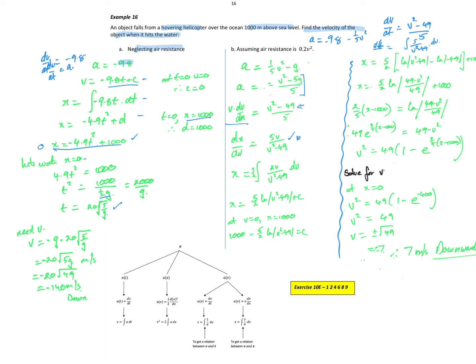Take the square root: 2,000 is 400 times 5, so 20 root 5 on g, just to leave it in an exact form. I guess we could have got a decimal equivalent, but it works out quite nicely to work with that form of the equation. So that's the time that it's going to hit the ground.